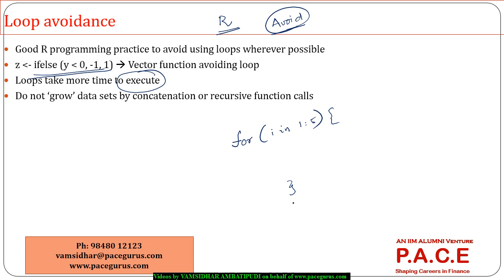Once you are out of the loop, you just need to mention what needs to be returned if it is a function. The same logic goes with while and return kind of a function. While is do a particular thing while some logic is satisfied, and the repeat with a break. All right. So these are the different important loops that you really need to be comfortable with.